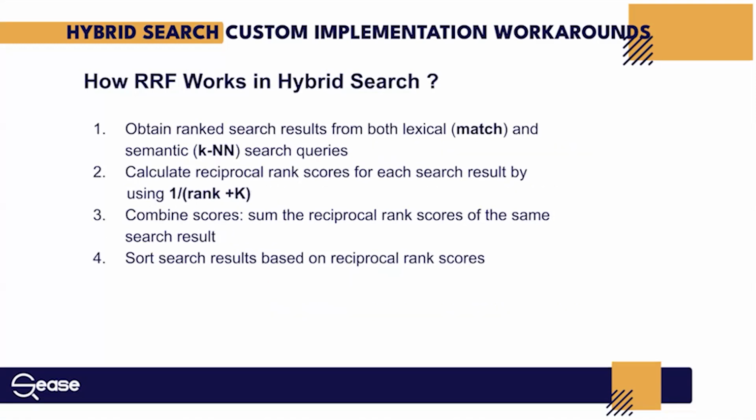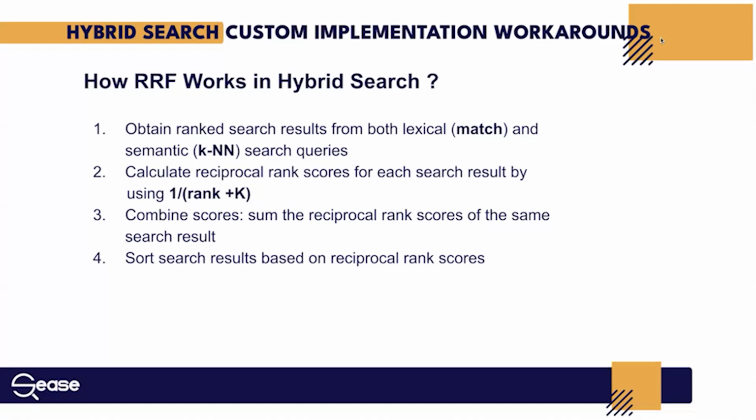Let's say we have two result sets: a lexical search result set ranked separately, and vector search results ranked separately. We want to combine them using RRF. We first calculate the reciprocal rank score for each document in the lexical search, and then also for the semantic search.